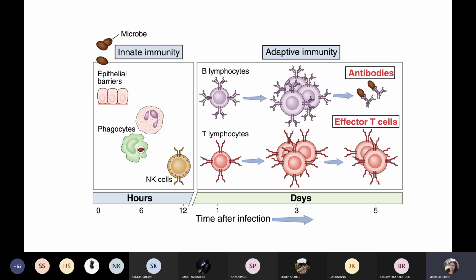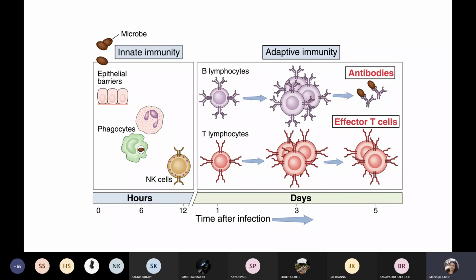There are two types of immune response. One is cell-mediated immune response, another is humoral immune response. The cell-mediated immune response is comprised of the cytotoxic T lymphocyte, and the humoral immune response is comprised mainly of B cells, and B cells are triggered and stimulated by the helper T lymphocyte, and when the B lymphocyte is triggered properly, activated properly, they secrete the antibody.